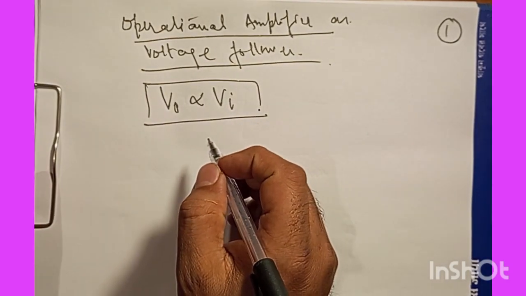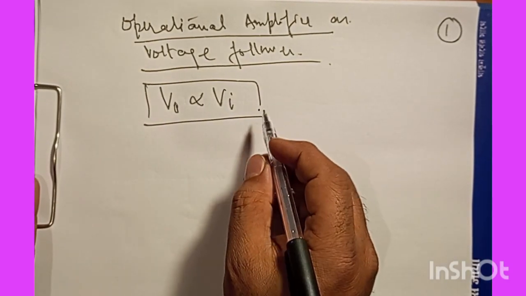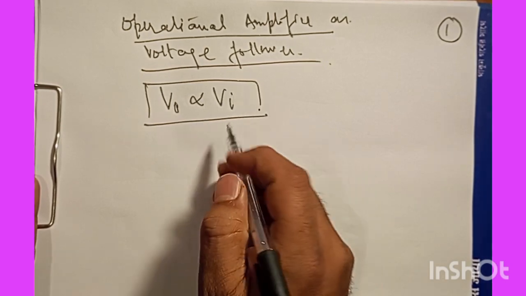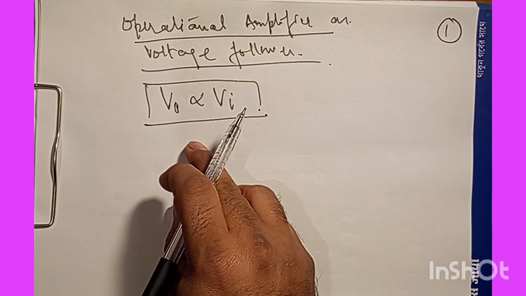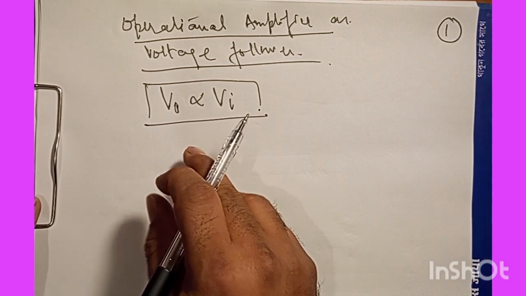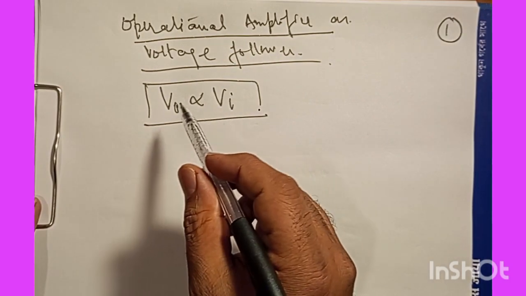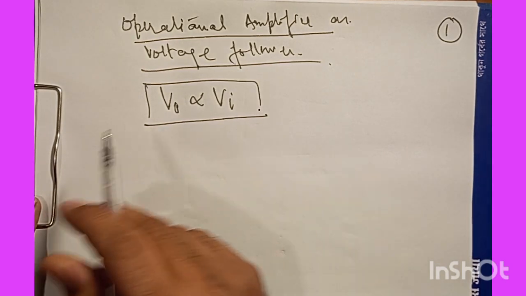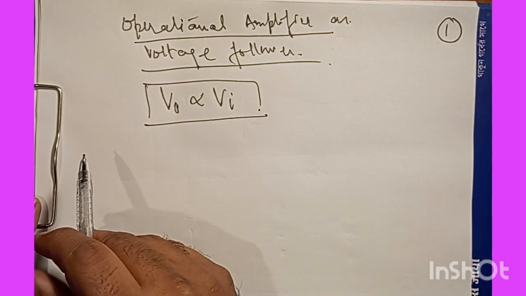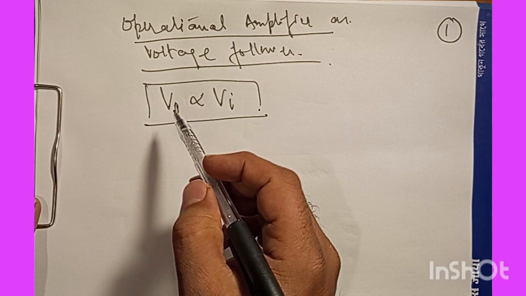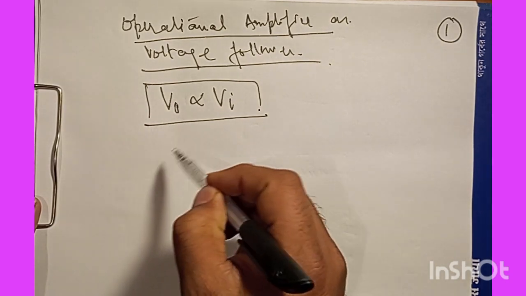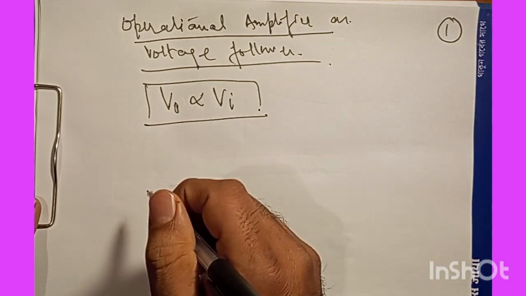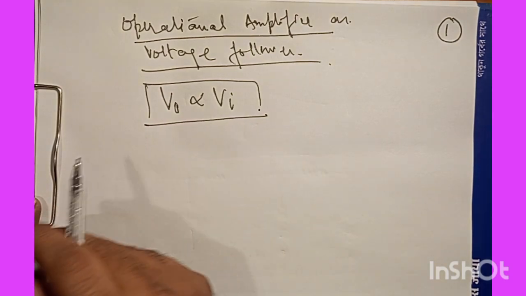In this video, we will be talking about operational amplifier as voltage follower, and the condition that we achieve by making use of operational amplifier as voltage follower is that the output voltage of the arrangement is proportional to the input voltage.